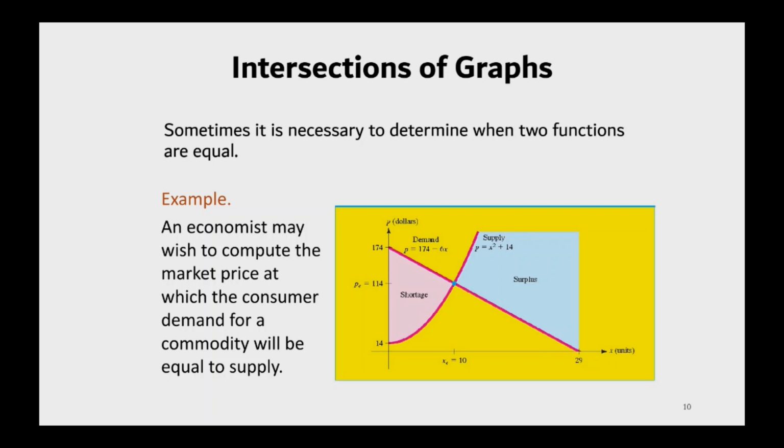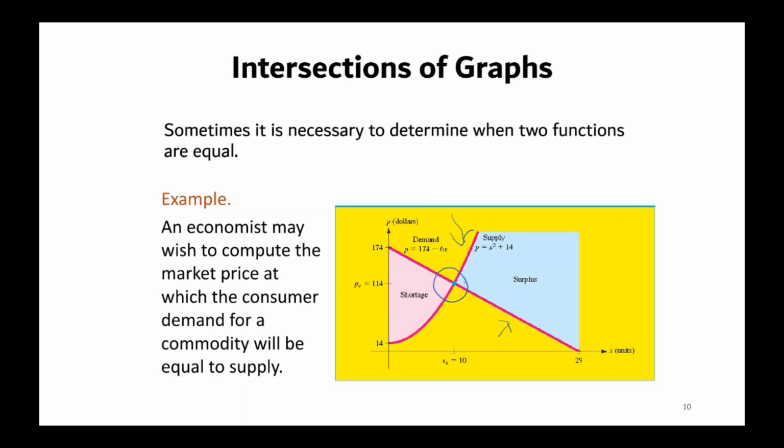So this is one of the examples. If you want to see where the demand will be equal to supply, you have a demand function and a supply function, and you want to know where demand equals supply, so you have to find the intersection of the graphs.